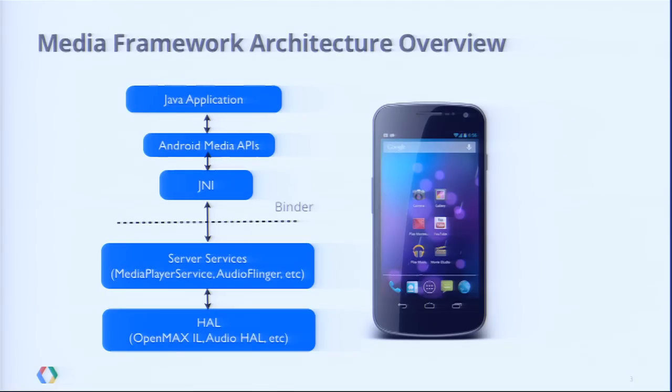The media server process then talks to the drivers in the kernel through a hardware abstraction layer. For decoding and encoding purpose, the hardware abstraction layer is the OpenMax integration layer. You can find a detailed reference URL at the end of my slides if you want to find out details about OpenMax.